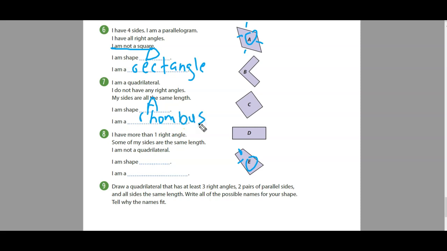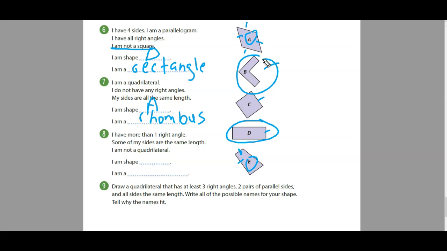8 says I have more than one right angle. More than one. So that should be B, C, or D. I have more than one right angle. Some of my sides are the same length. So it's either D or B. I am not a quadrilateral.